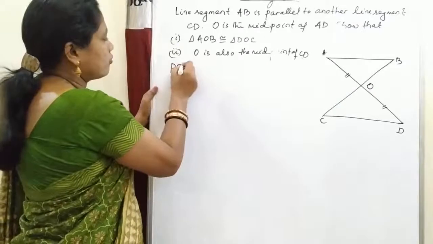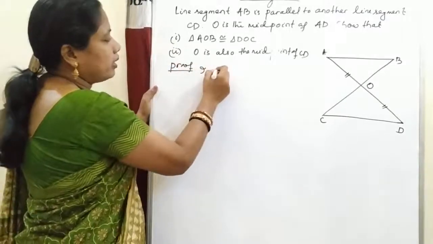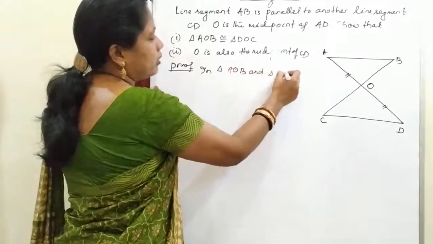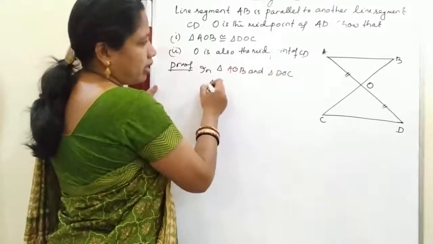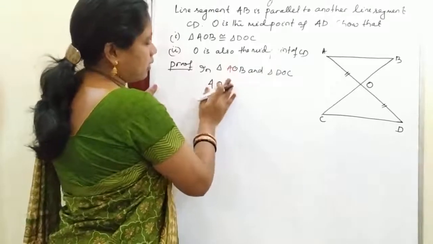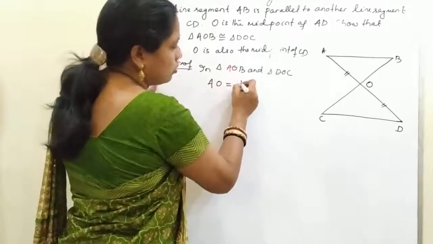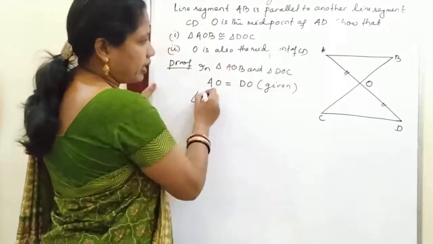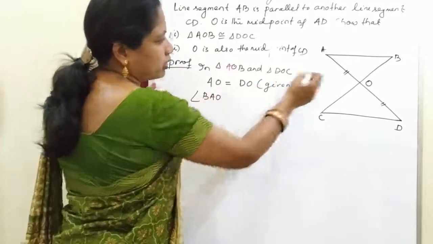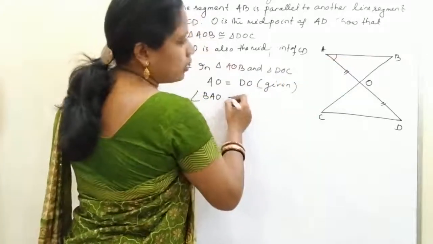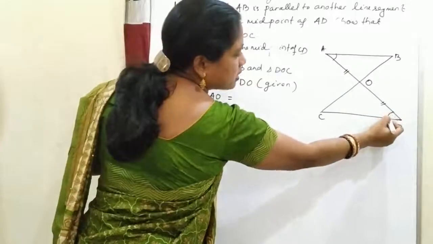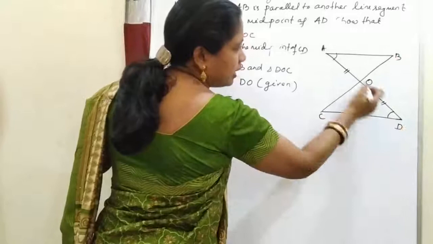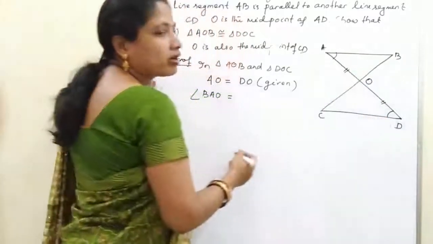So proof: in triangle AOB and triangle DOC, AO is equal to DO. This is given. And angle BAO will be equal to angle ODC. Why? Because AB is parallel to CD and these are alternate angles.